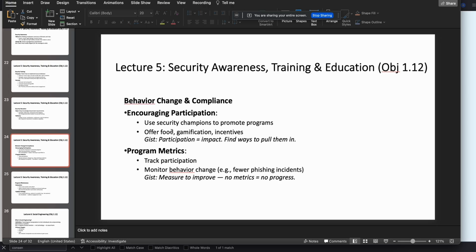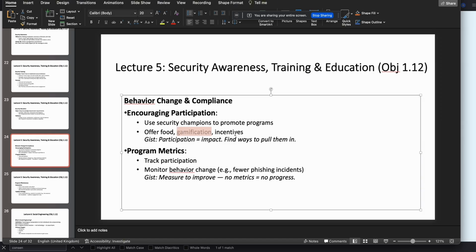I have been asked a question in an interview: how can you give ideas to your management regarding the encouragement of security training? The answer is very simple. Gamification is one of them, incentives is one of them, offering food coupons, gift vouchers.